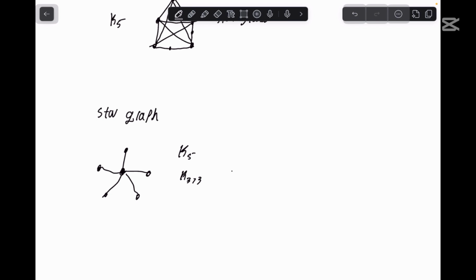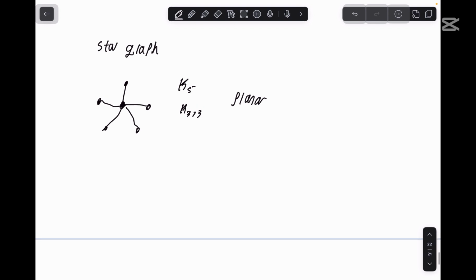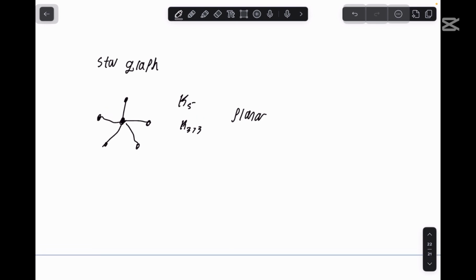And according to the Kuratowski theorem, because there's no subdivision of the complete graph of 5 vertices or the complete bipartite graph of 2 groups of 3 vertices, this graph is planar. Now, this theorem is very powerful because it allows us to look at incredibly complicated graphs and deduce pretty quickly if they are planar or non-planar just by looking for subgraphs of these 2.